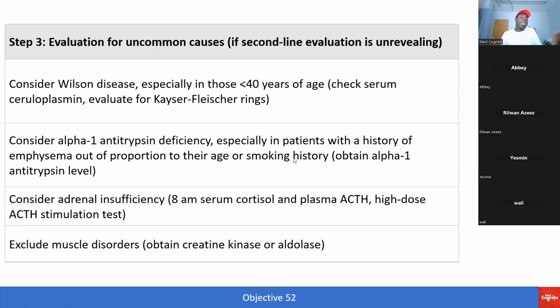So most of the time, we know that if people smoke, it takes time for them to develop COPD. But if you're getting somebody around 30-something years old, having signs of COPD, and also having abnormal liver function, the next best step or the next best investigation should be alpha-1 antitrypsin.